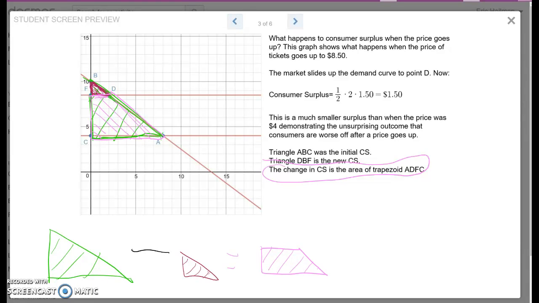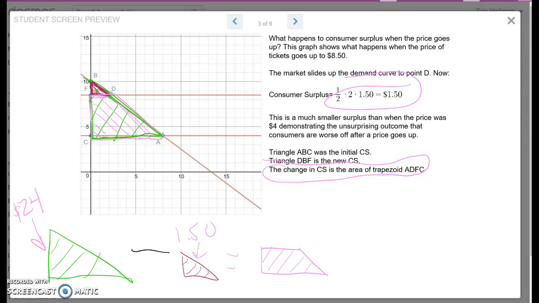If you actually do the math, you can do this any way you want. You can calculate the area of the big green triangle first, which we already did. It was $24 in the first slide, and then you can calculate the area of the small triangle, which we did here. It's $1.50. So you ended up with $1.50. You started with $24 surplus.